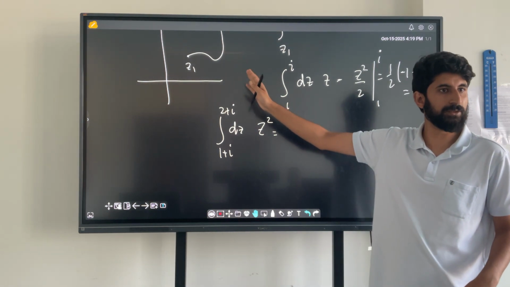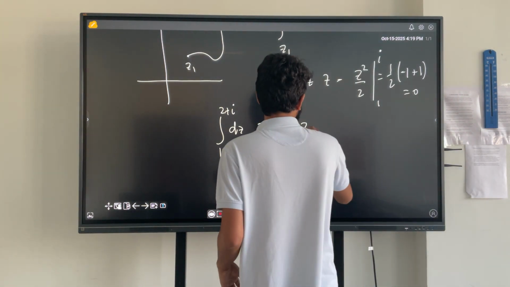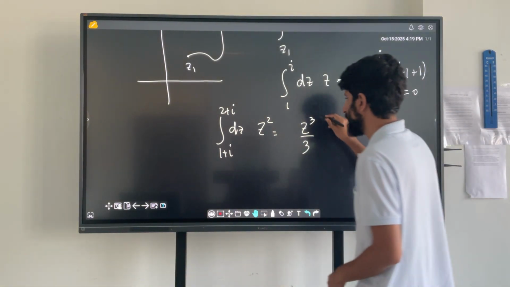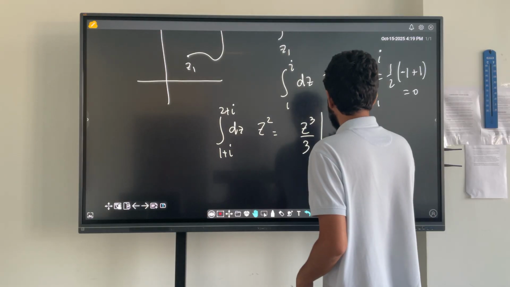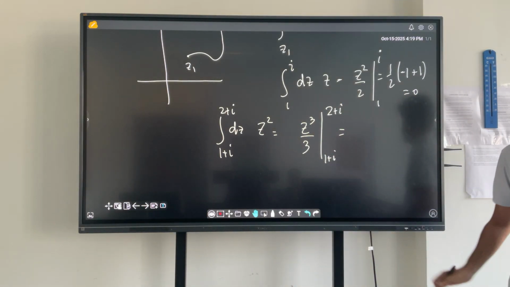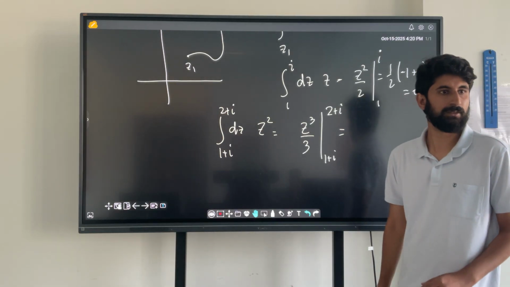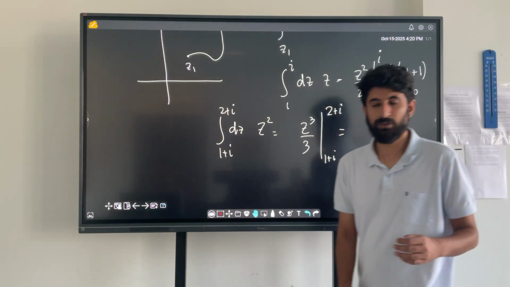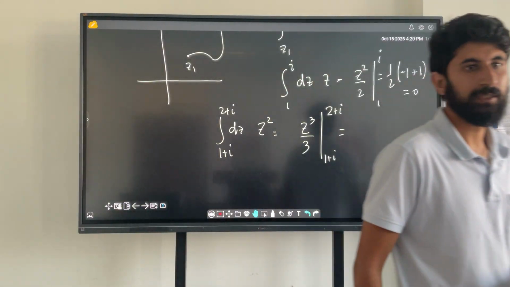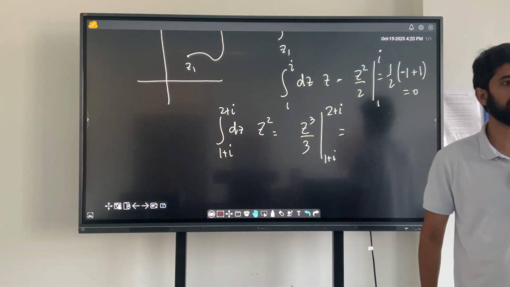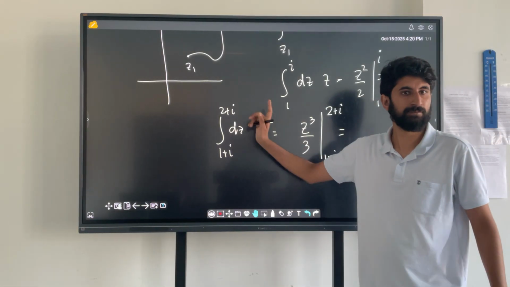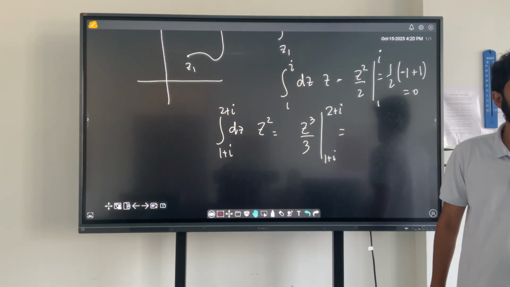This is z cube by 3, from 1 plus iota to 2 plus iota, and then you put in limits and just do algebra with complex numbers. So the integrals of analytic functions do not depend on what path you are considering between your limits z1 and z2.